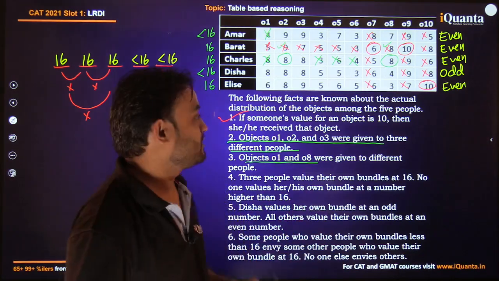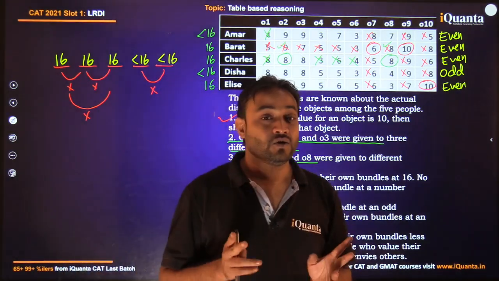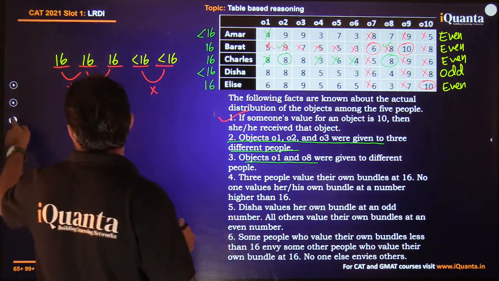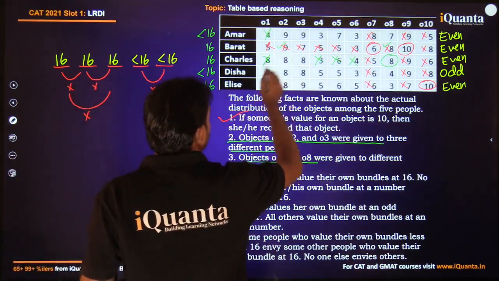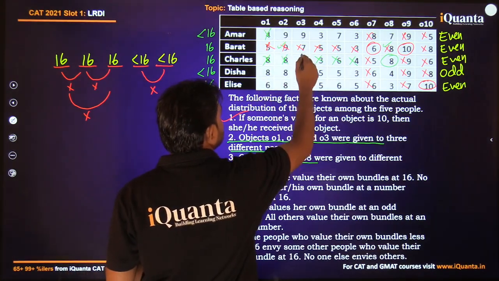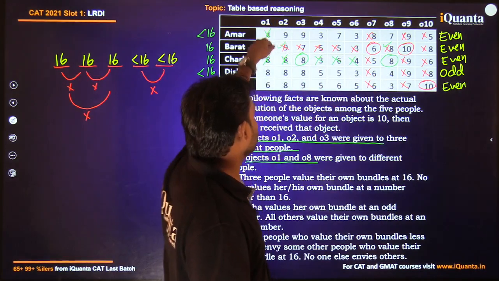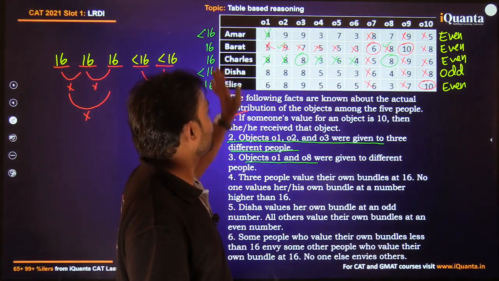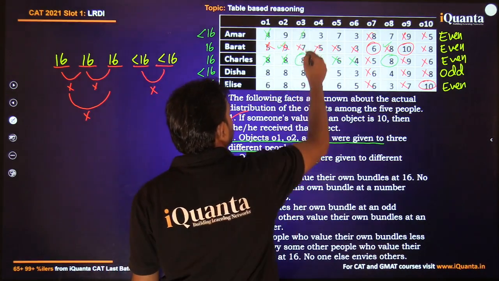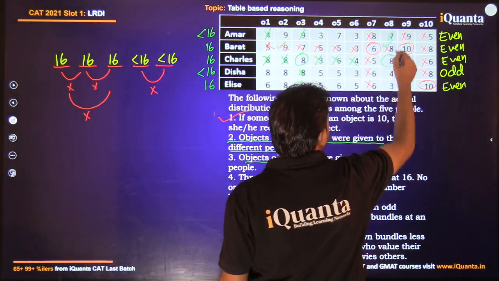That's not possible, because any two people who value their bundle at 16 do not envy each other. So Charles must have received object 8 and object 3. Object 3 cannot be given to anyone else, so let's cross it.